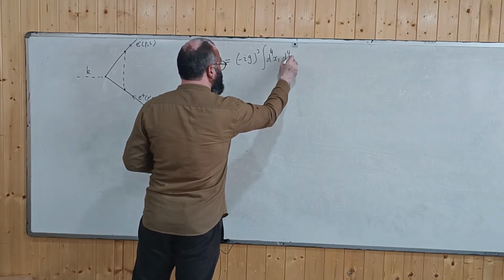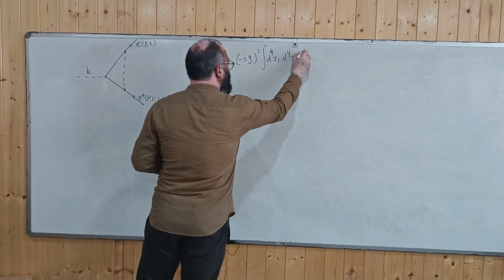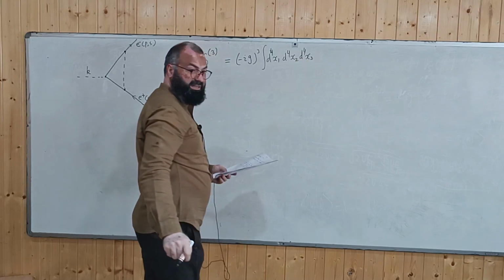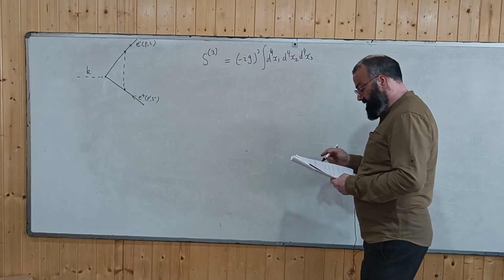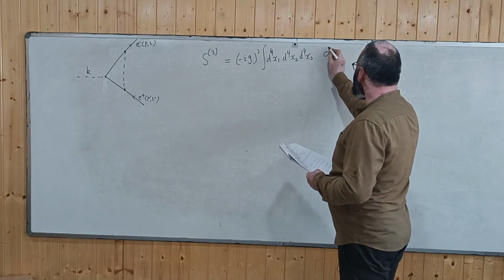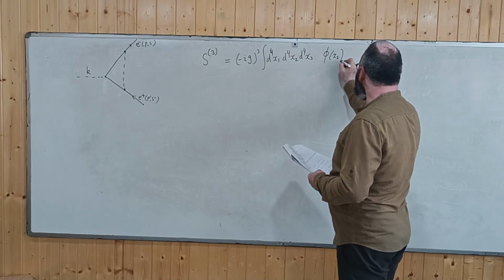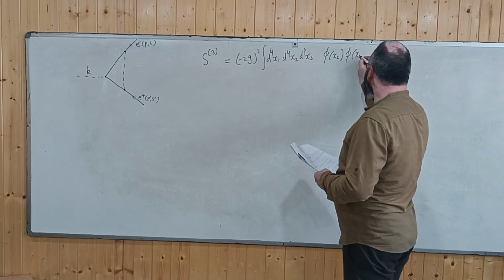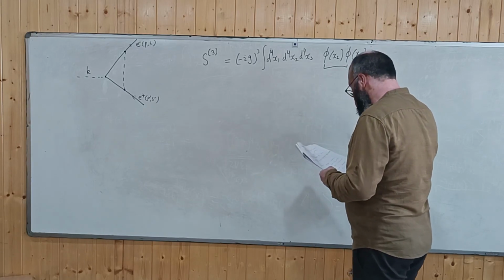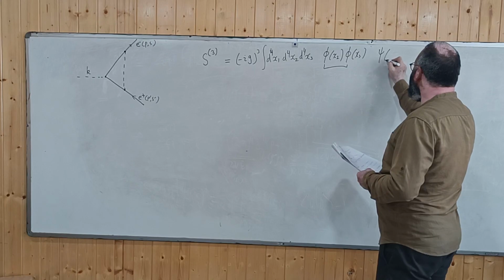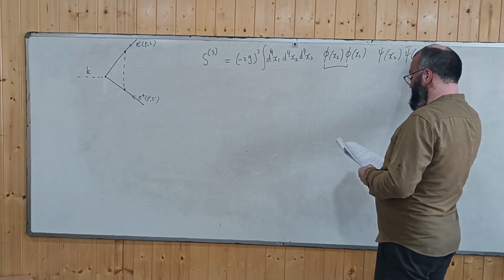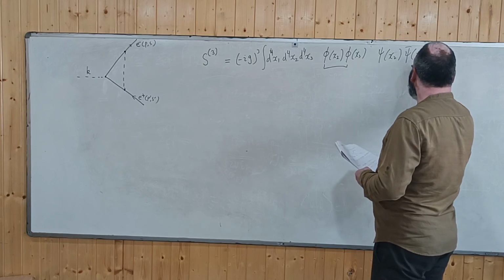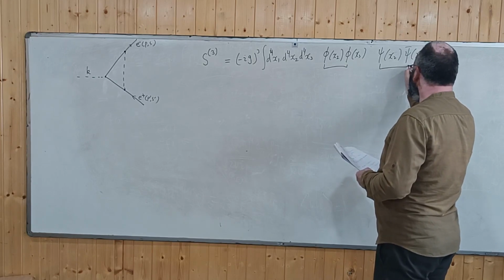There are 3 points involved. Clear? So what was that? The contractions of the fields. You have something like φ(x2) φ(x3). This is the contraction. Then you have ψ(x2), ψ̄(x3), sorry, x1. That is the contraction.